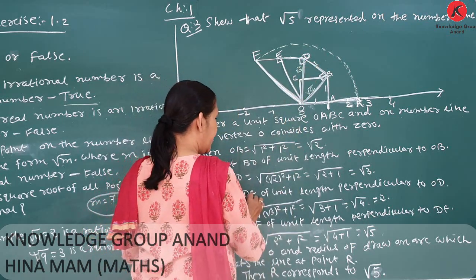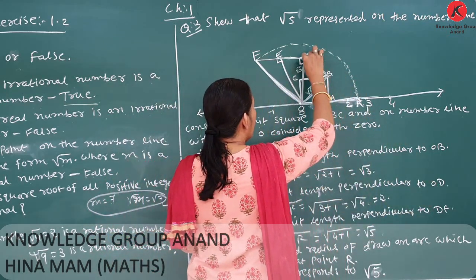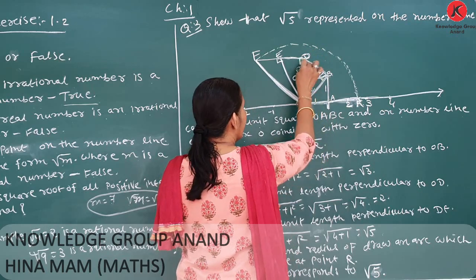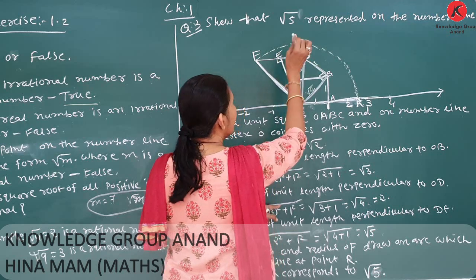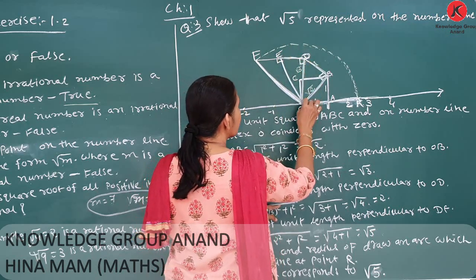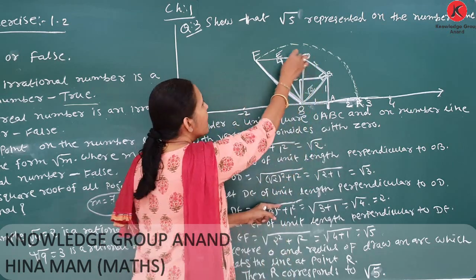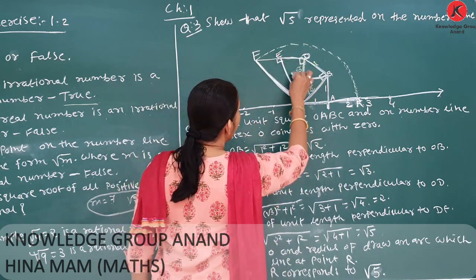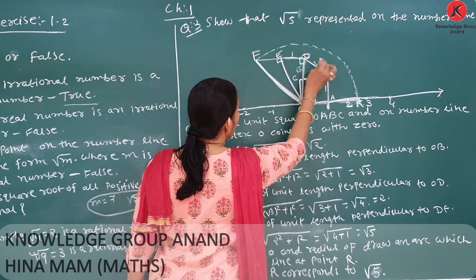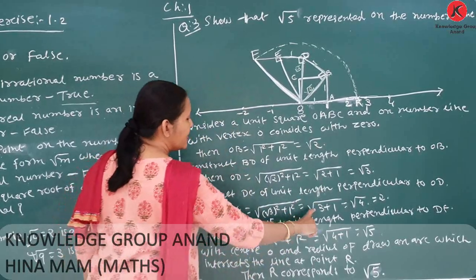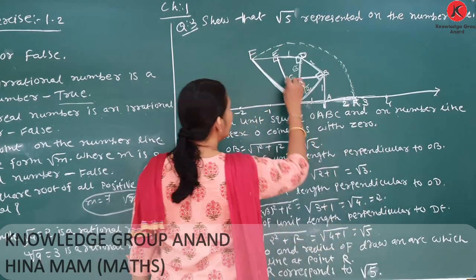Construct DE of unit length perpendicular to OD, making our right angle triangle ODE. By Pythagoras rule, OE square is equal to OD square plus DE square. Therefore, OE is equal to under root 3 square plus 1 square, which is root 3 plus 1, equal to root 4, which is 2.